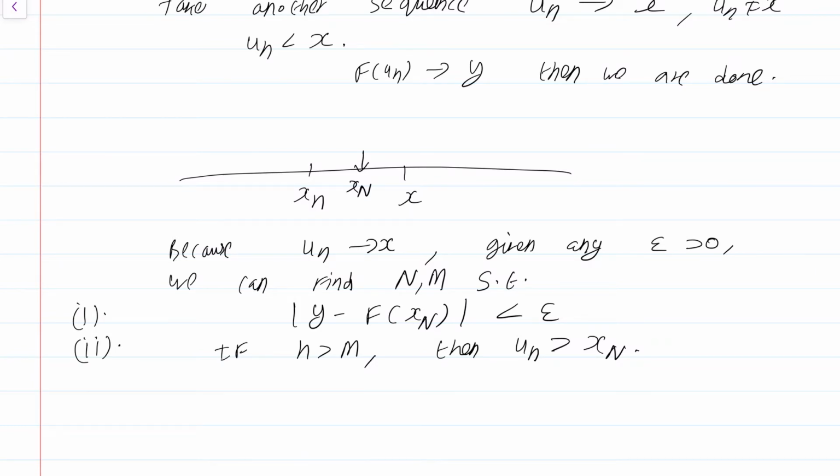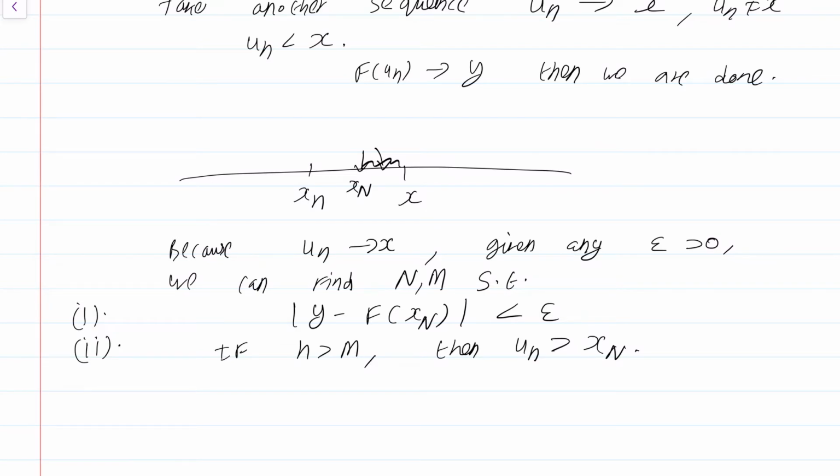Well, why can I guarantee this? Because xn converges to x, there is a suitably large capital M such that if small n is greater than capital M, then xn must lie in this interval, right? So there is some finite distance between xn and x.